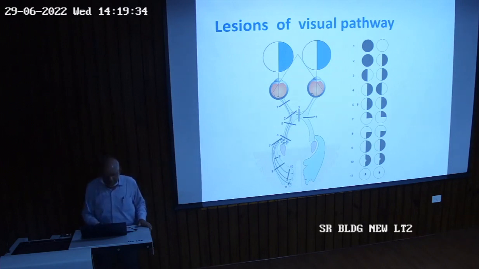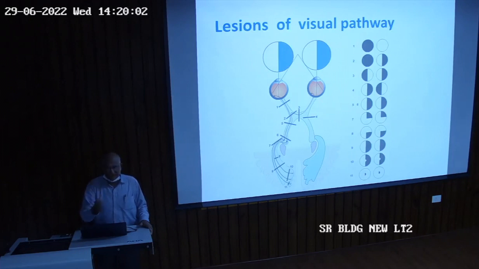The third cut is here, at the optic chiasma. The optic chiasma has two parts, a central part and a lateral part. If there is a lesion at the central part, where all the nasal fibers are crossing, for example a pituitary adenoma or pituitary tumor or anything else, that will paralyze these nasal fibers.